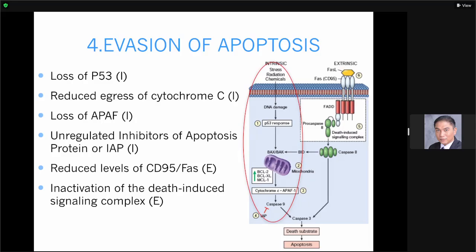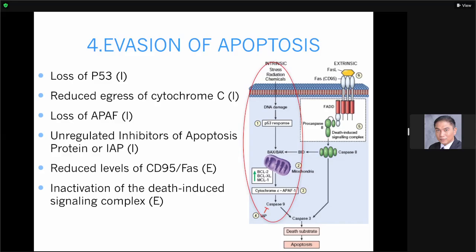So ano yung mga possible na processes that will be involved in the intrinsic pathway? We have loss of p53, reduced egress of cytochrome C, loss of APAF, and unregulated inhibitors of apoptosis protein or unregulated IAP.